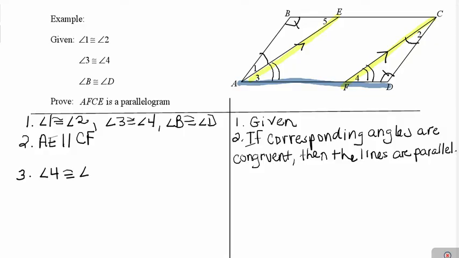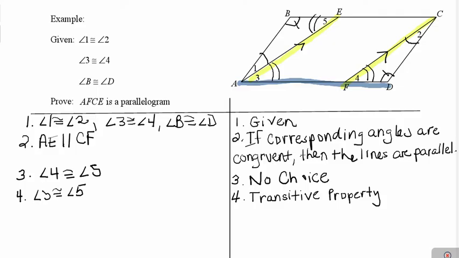Since we had two sets of angles in the triangle already congruent, we have no choice but to say that the third pair of angles are also congruent, and you can just write no choice. Now that we know that angles 4 and 5 are congruent, we can use the transitive property to say that angles 3 and 5 are congruent.